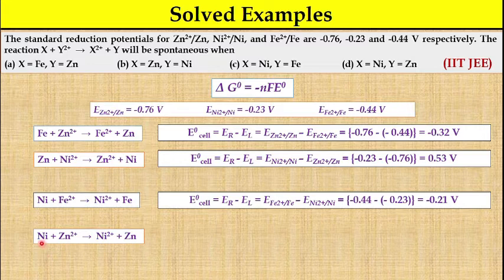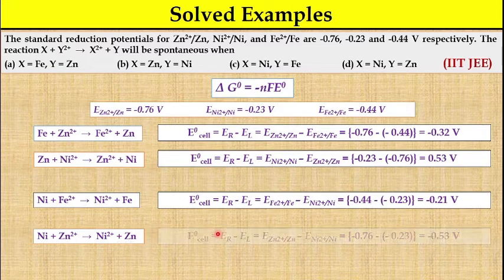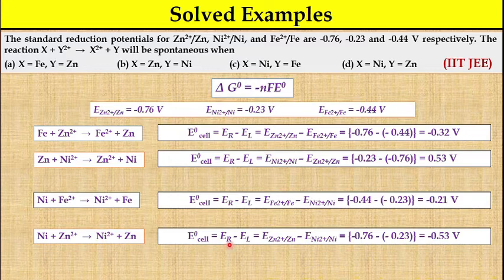Now consider the last reaction: Ni plus Zn2 plus to Ni2 plus Zn. Here Zn2 plus is reduced to Zn, and Ni oxidizes to Ni2 plus. So E0 cell is equal to ER, where the reduction takes place, for Zn2 plus/Zn, minus the reduction potential of the anode electrode, that is Ni2 plus/Ni.